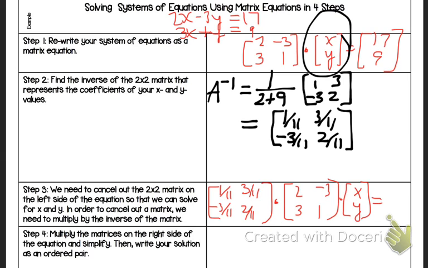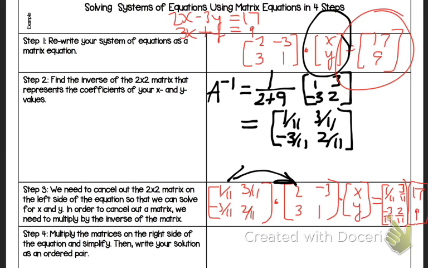Then you also have to multiply it to the right side. So we do your inverse matrix, 1/11, negative 3/11, 3/11, that's a 3, and then 2/11, times the solution matrix here, 17, 9. Run out of space here. Hopefully you guys can see that. Okay, and then basically what happens, because these are inverses of each other, they just cancel out.